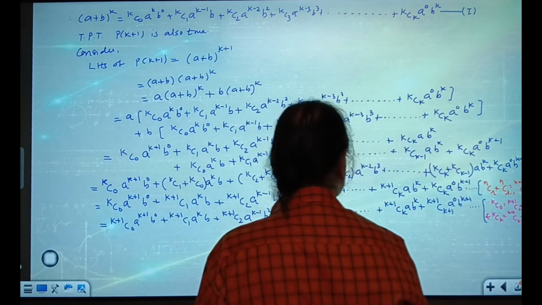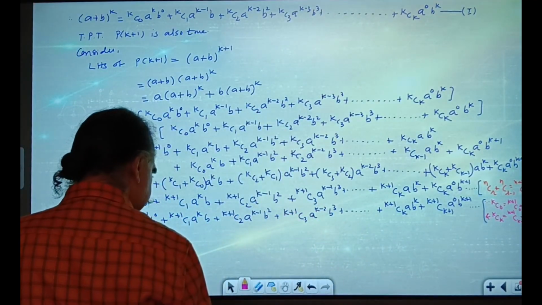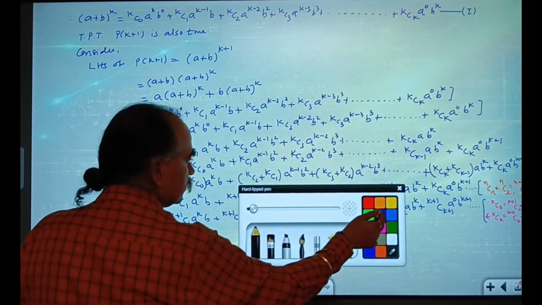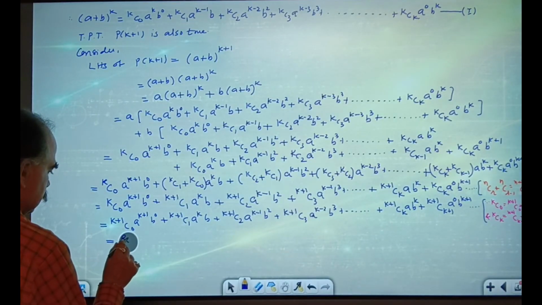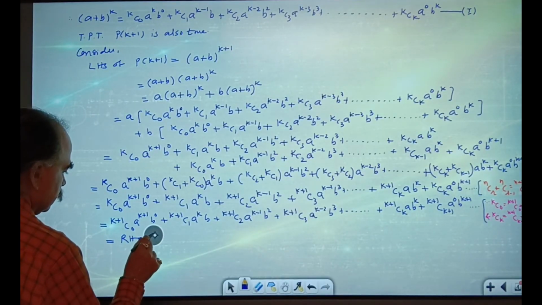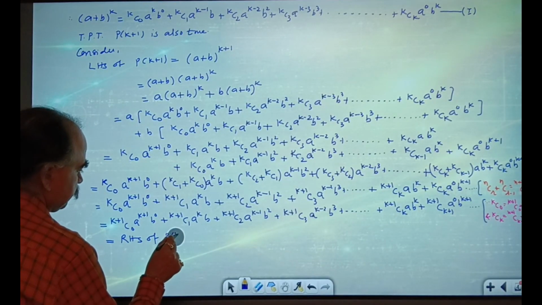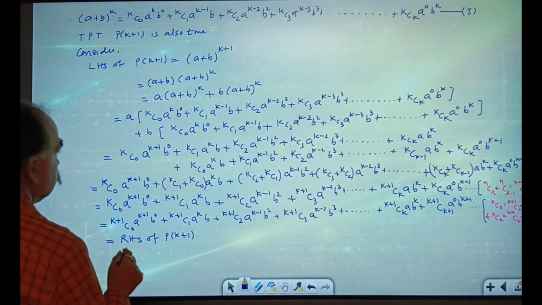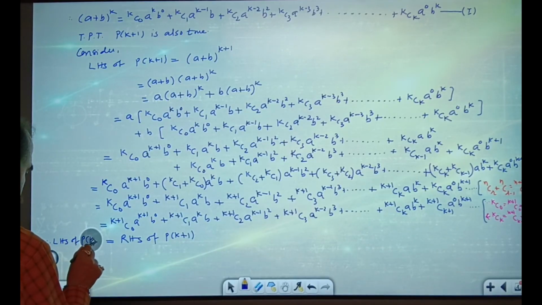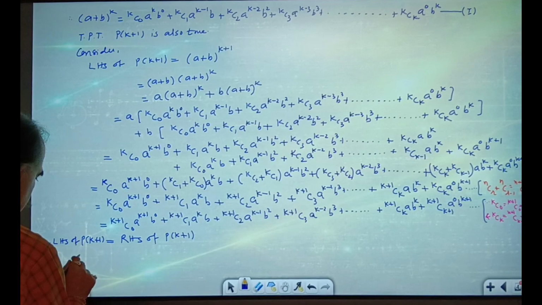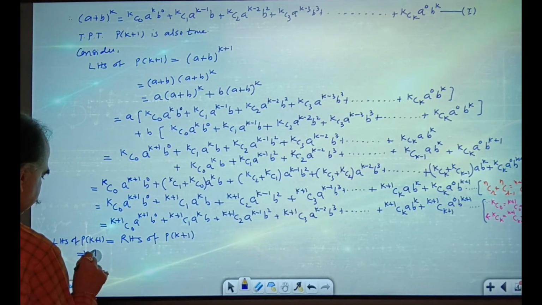This is the reason. And this is nothing but RHS of P(K plus 1). We have started from LHS of P(K plus 1). This implies P(K plus 1) is true.